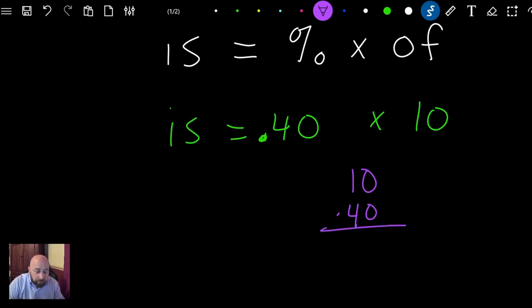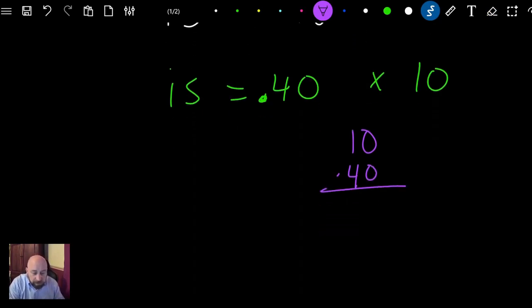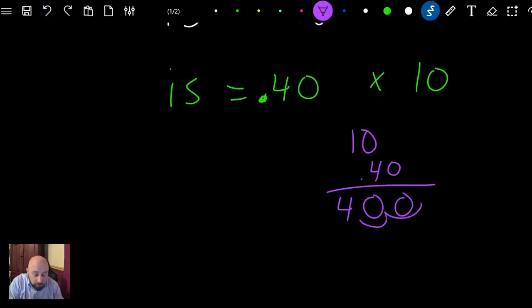0.40. Okay? And so you would get, and you don't even need the 0 right here. That's kind of a waste, that 0. So we're just going to call it 0.40. You could write it there. So the 0 comes down. 4 times 0 is 0, and 1 times 4 is 4. Notice I have 2 decimal places. 1, 2. That's for my percent sign. 1, 2.